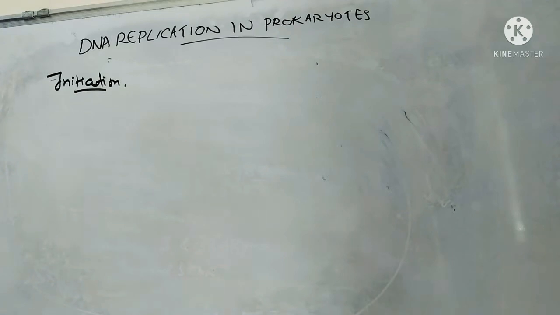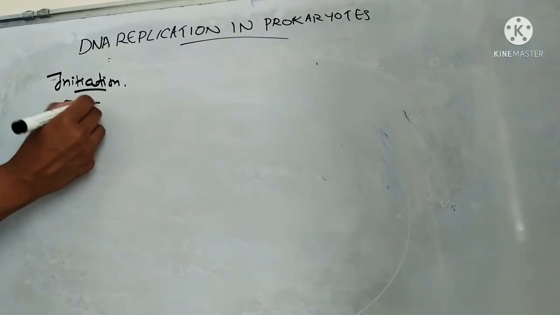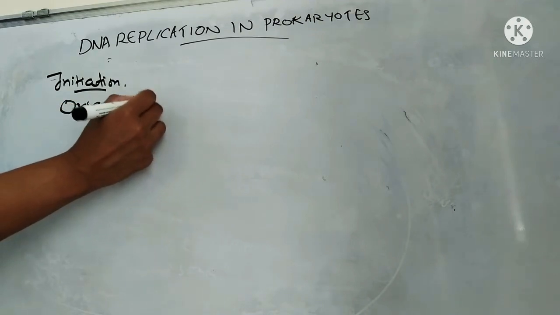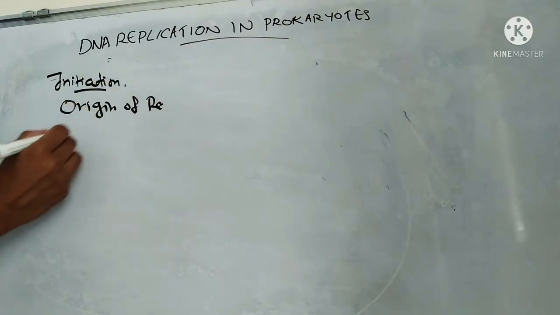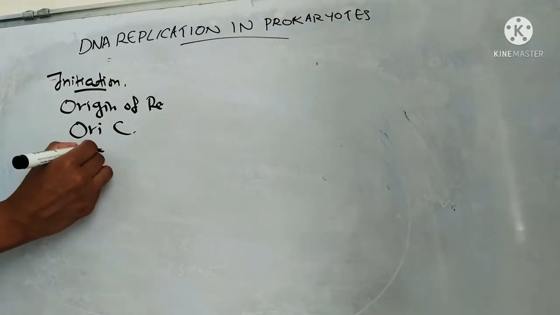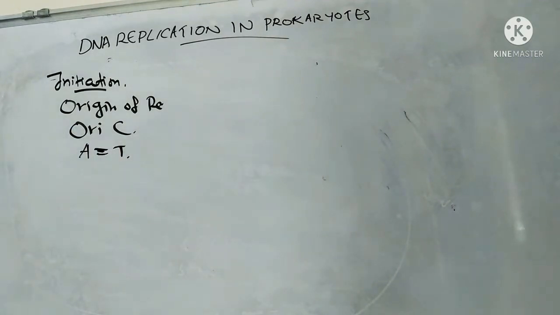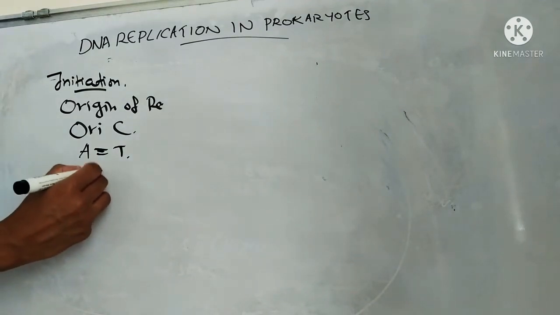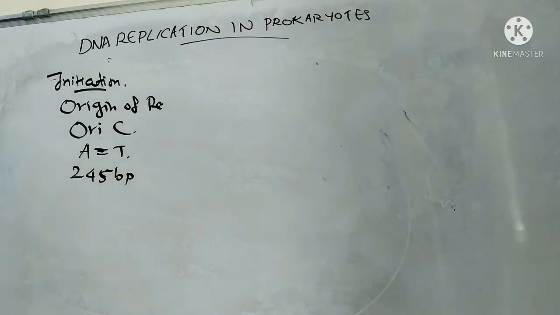DNA replication begins at a single point, known as the origin of replication or Ori C. This is AT rich. In E. coli, the Ori C consists of 245 base pairs of DNA.